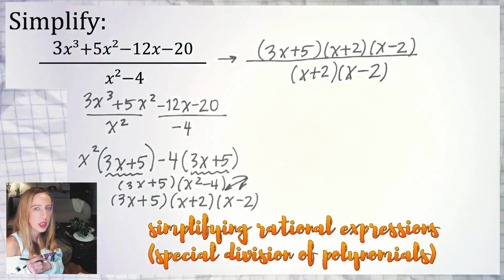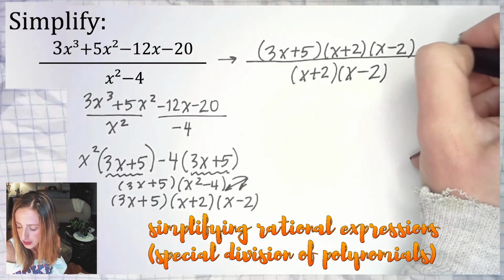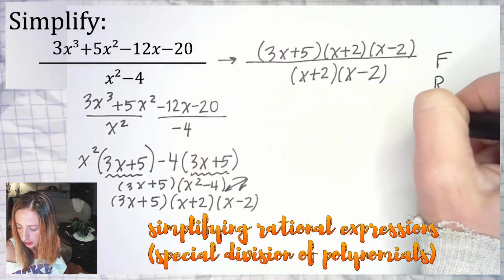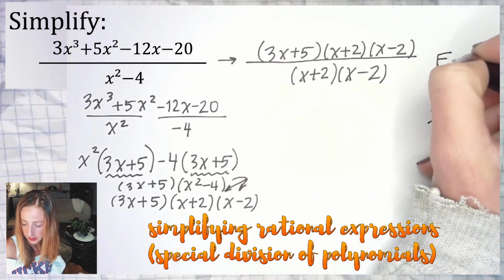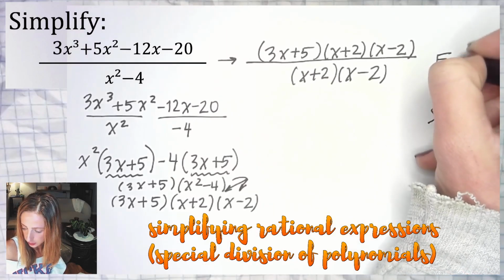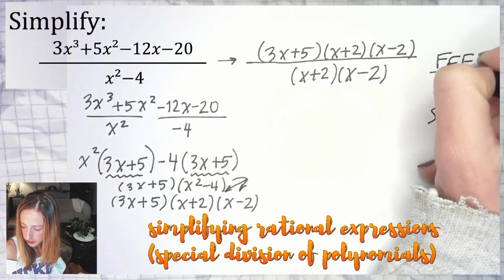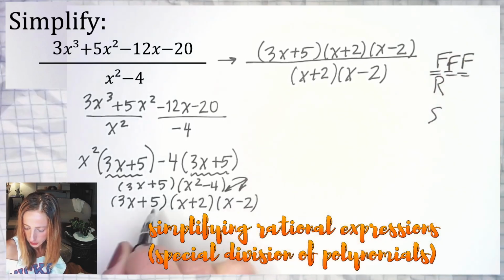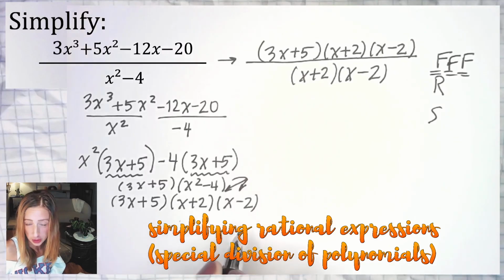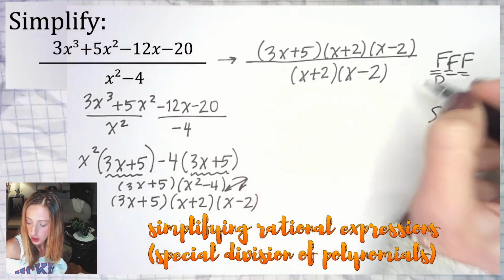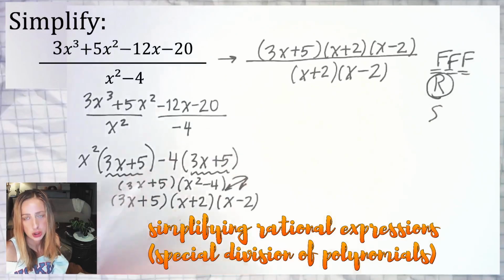Now, if you've done these problems using the way I ask you to do it, I have you write down the three letters F, R, S to remember what to do. Fully factor first. So this is really F, okay? Fully. That's why we didn't leave it as x squared minus 4. We fully factored. So fully factor first. R. R is the restrictions.